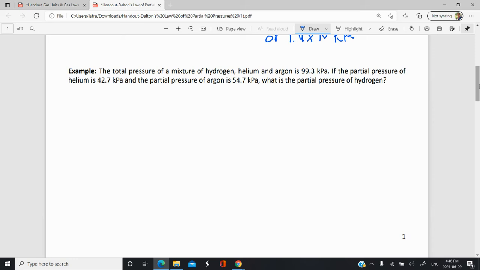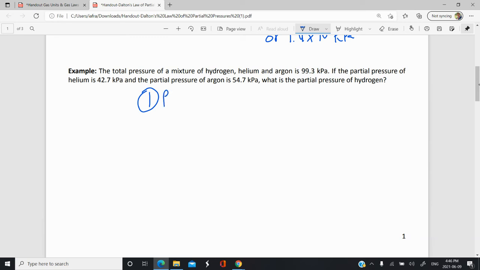The total pressure of a mixture of hydrogen, helium, and argon is 99.3 kPa. If the partial pressure of helium is 42.7 kPa and the partial pressure of argon is 54.7 kPa, what is the partial pressure of hydrogen? First of all, we have a mixture of gases.